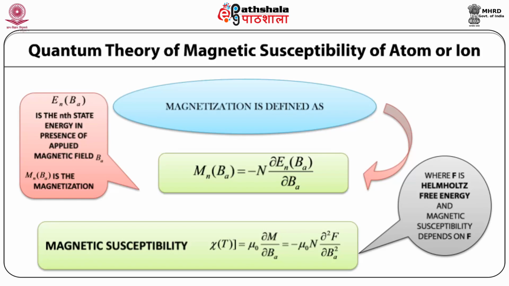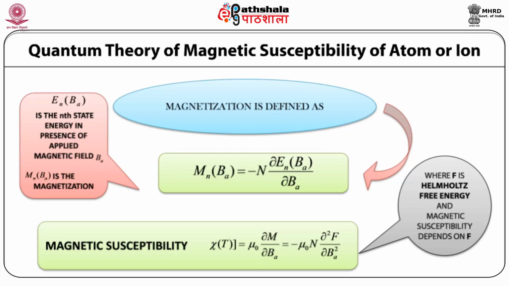In the case of T not equal to 0, remember the system will be in the excited state En(Ba). In the case of T equal to 0, the small n appearing in M and E can be set equal to 0. So you can say that Mn is M0 and En is E0 for the T equal to 0 case.